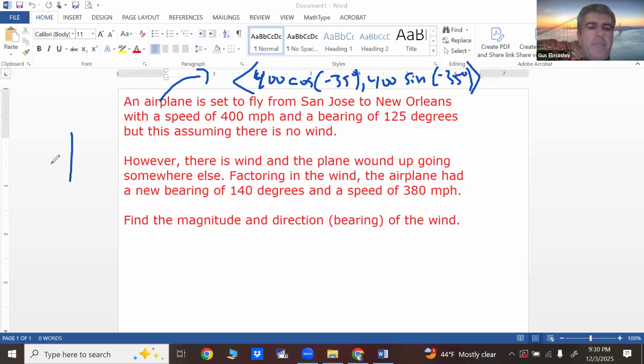Just think about it. Bearing looks like this, right? If you're bearing 125, that's totally going to be negative 35 degrees from the positive x-axis.